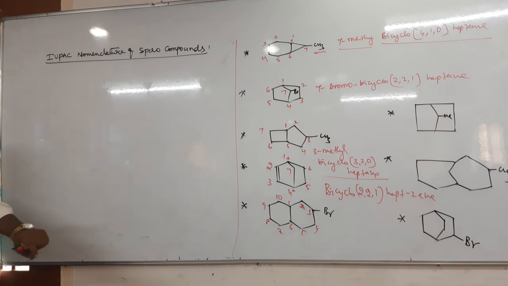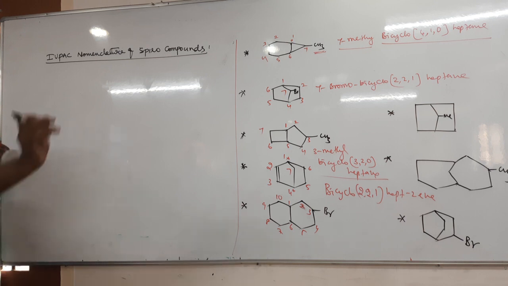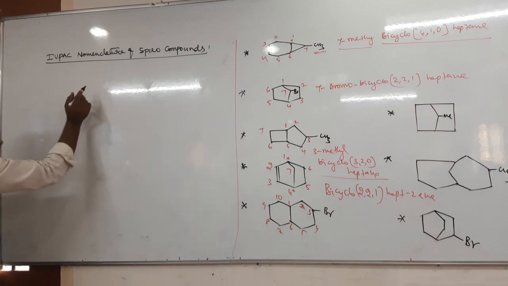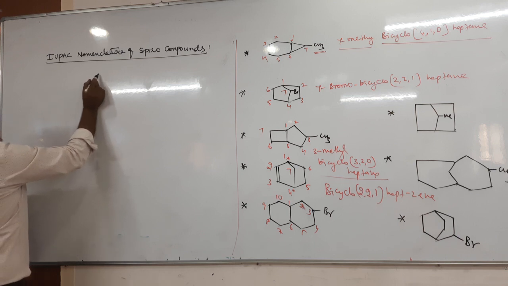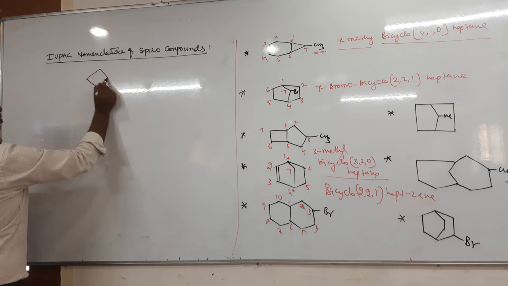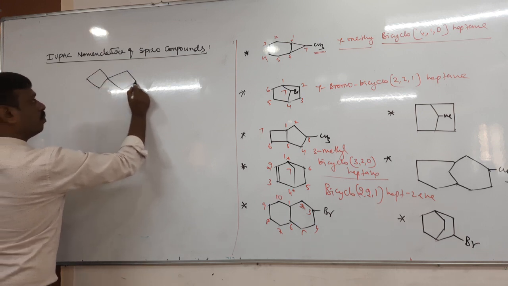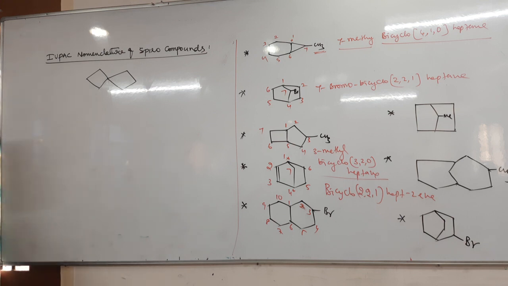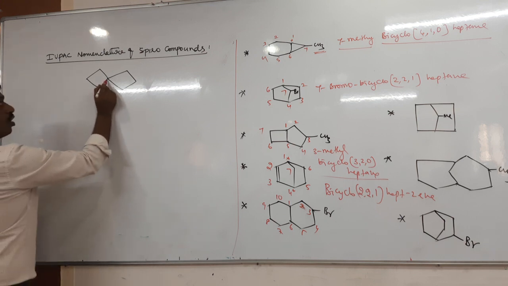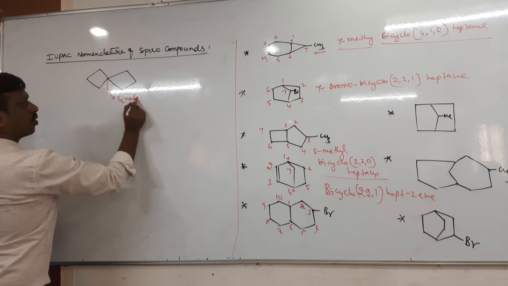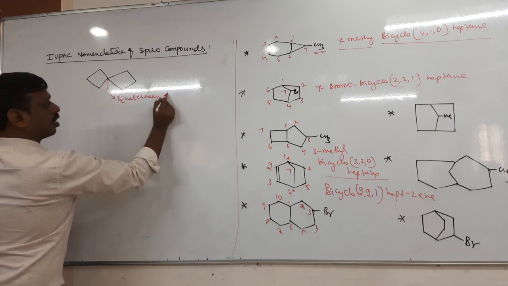So IUPAC nomenclature of spiro compounds. Okay. See, what are spiro compounds and their nomenclature? See, spiro compounds are also bicyclic compounds. These are also bicyclic compounds, but two rings are joined together by this quaternary carbon. This is a quaternary carbon.